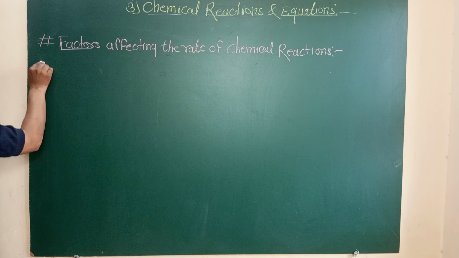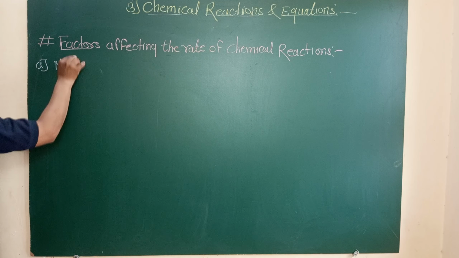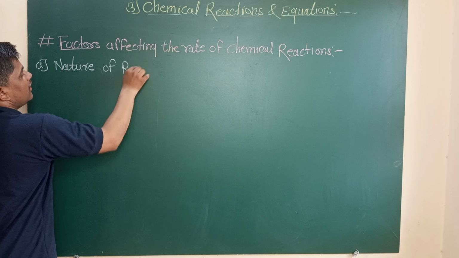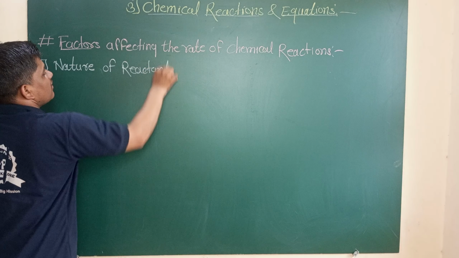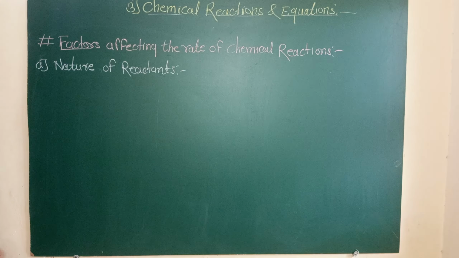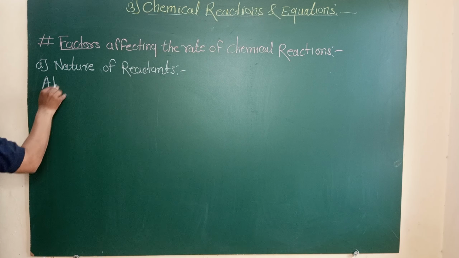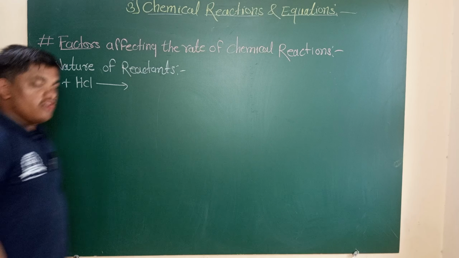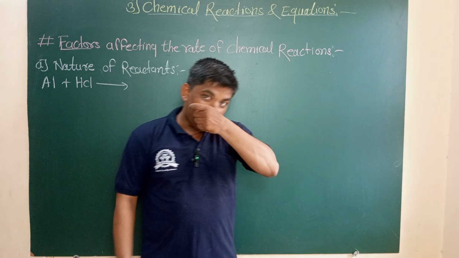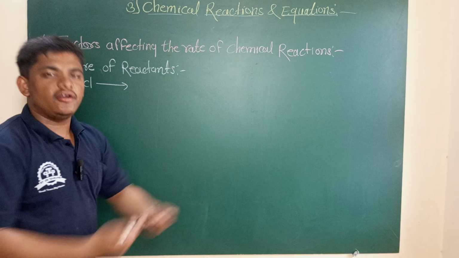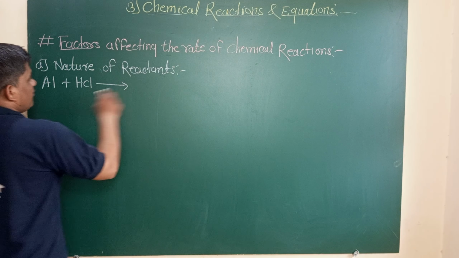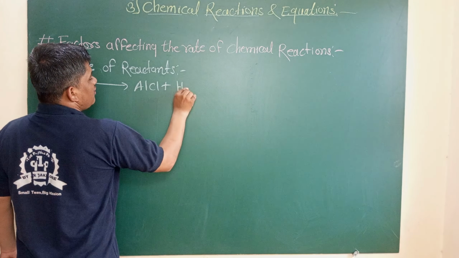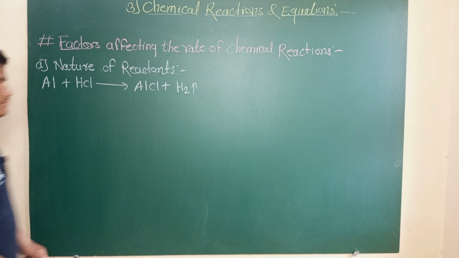First one is the nature of reactants. This is the first factor. When aluminium is reacted with hydrochloric acid, when the aluminium is kept in or dissolved in the hydrochloric acid, hydrogen is emitted frequently, and aluminium chloride plus hydrogen is formed.